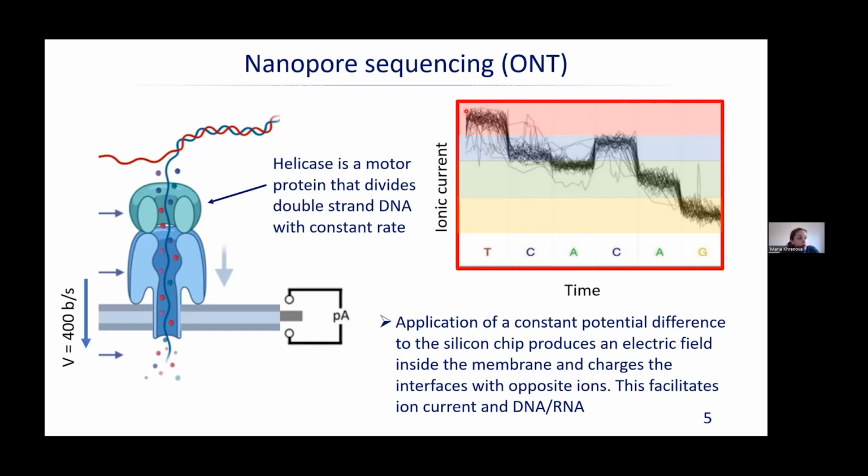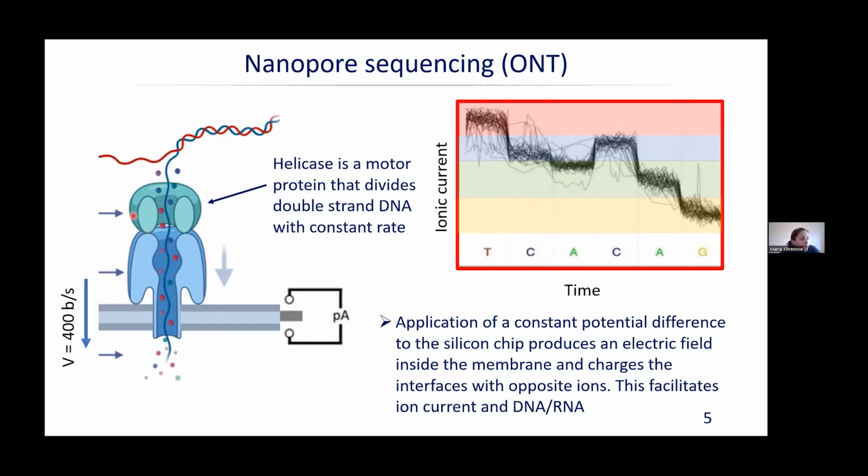So depending on the value of ionic current, you can deduce which particular base was crossing the pore at the moment of the measurement.